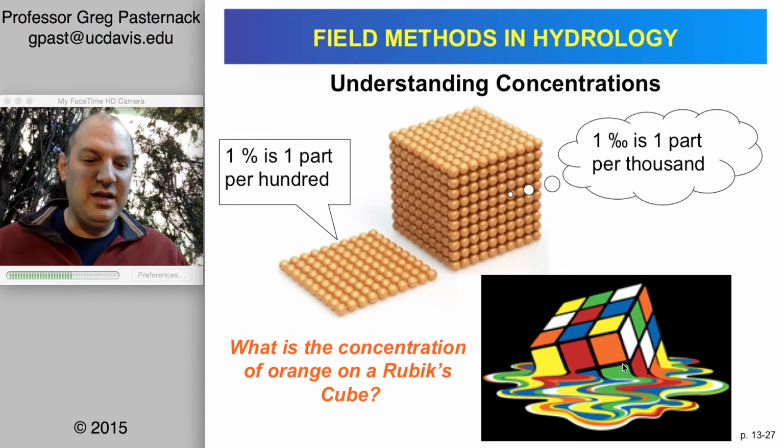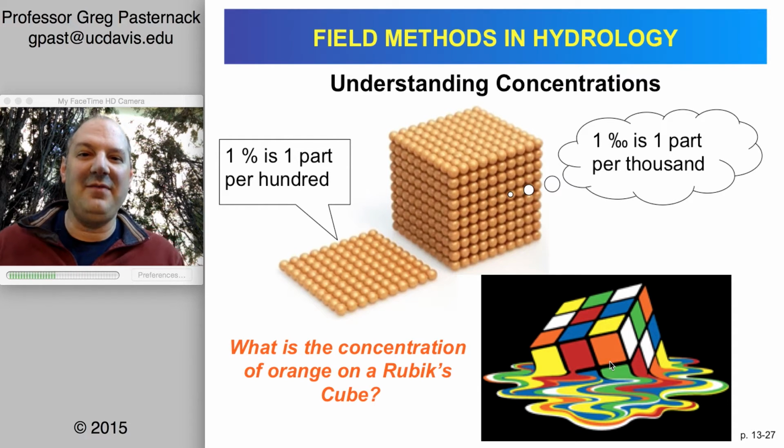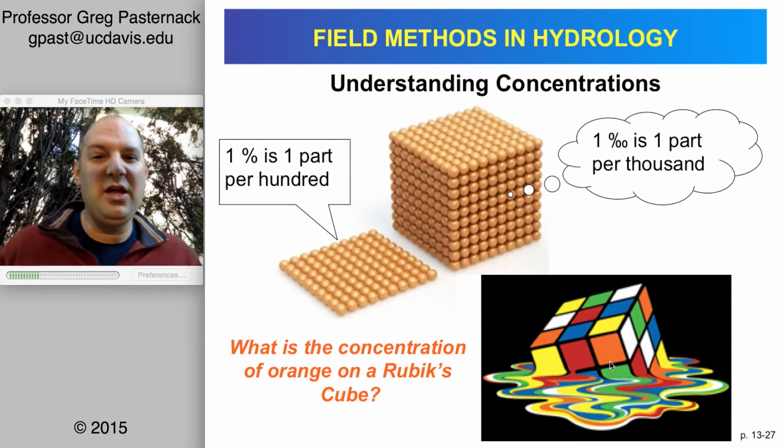Okay, well, if you think about it, there are 9 faces of orange out of a total of 54. And if you do 9 divided by 54, you're going to get 0.1666666. So let's just say 0.167. How would we convert that?